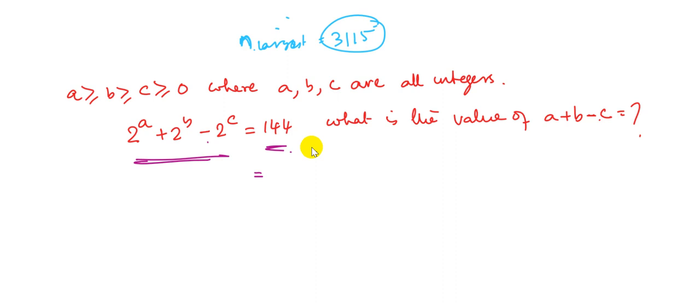Now, what would be the prime factors of 144? How do you express 144 in terms of its prime factors? 12 square is 144, then 3 and 4. Prime factors are 2 and 3.